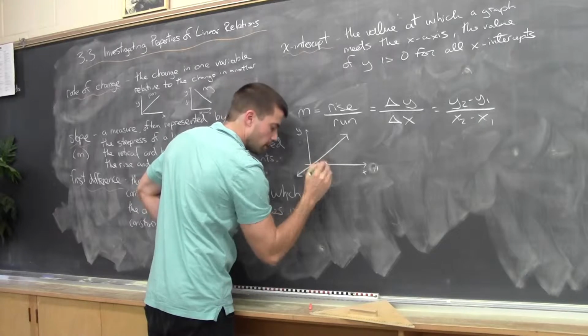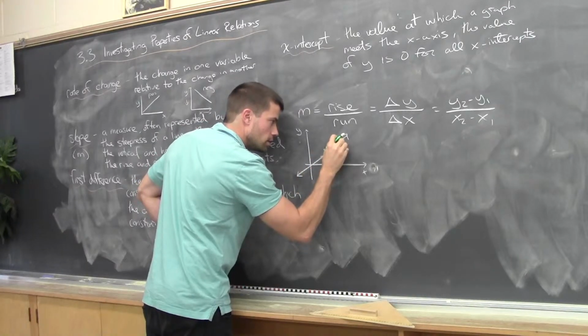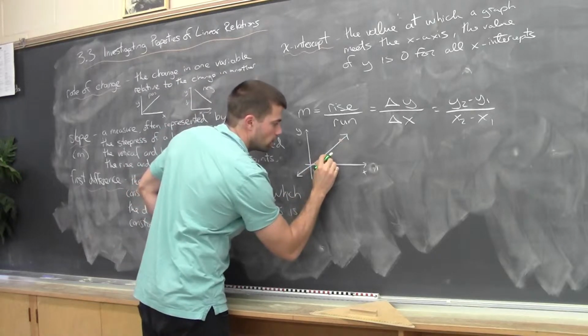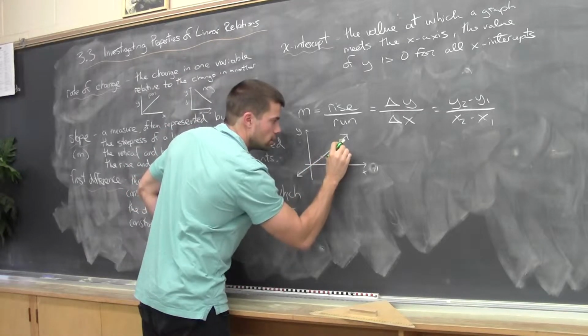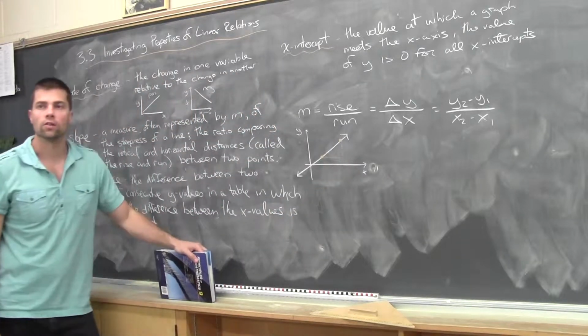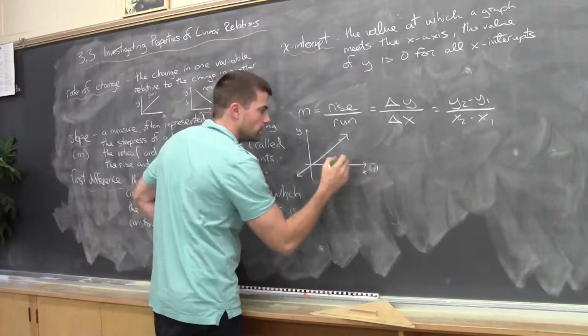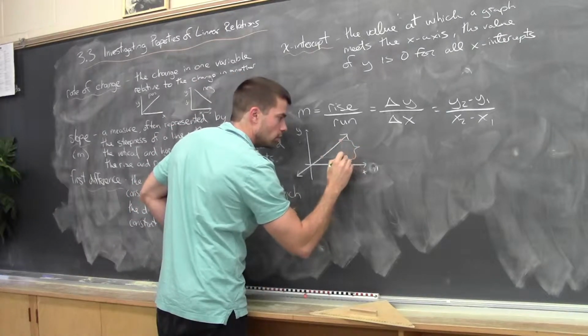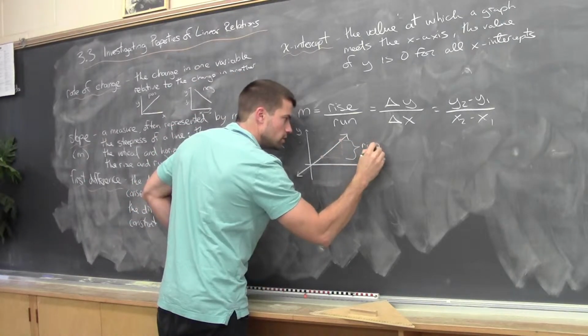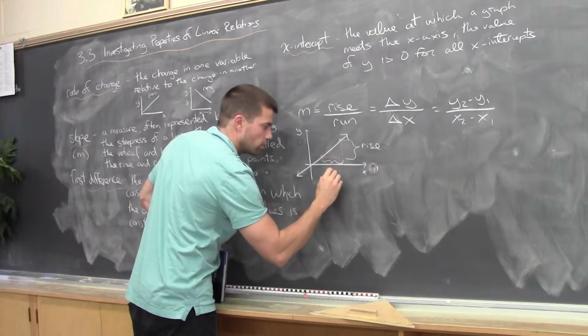So we can pick any 2 points. Say I choose this point and this point. And we create this kind of imaginary triangle here. And what the slope is, it's the measure of this component, which is called the rise, over this component, which is called the run.